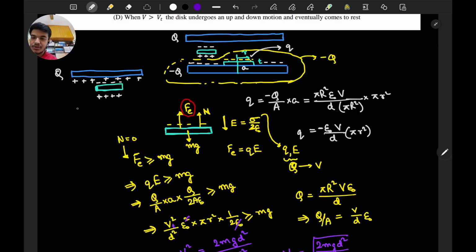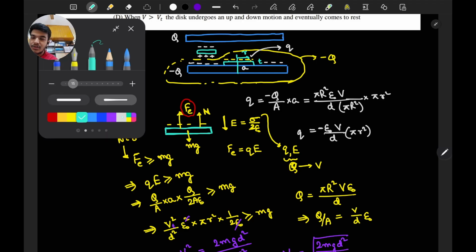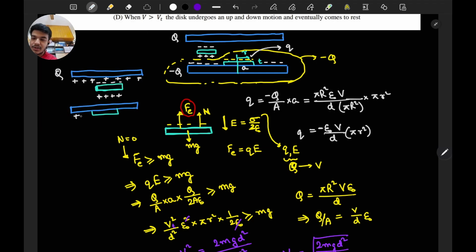So the charge distribution would be similar to what we did for the lower circular plate, right? So the charges would be coming like this. Similarly, the Q expression would also be the same, just the sign would be positive. Q would be same.